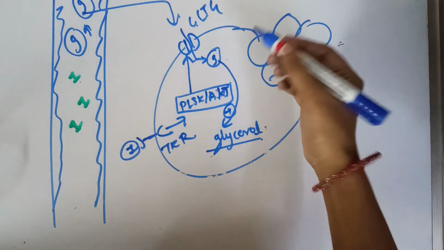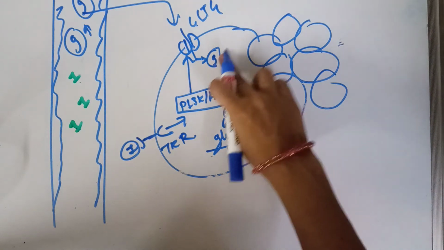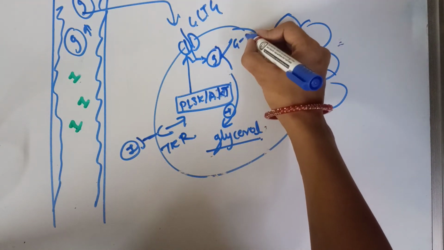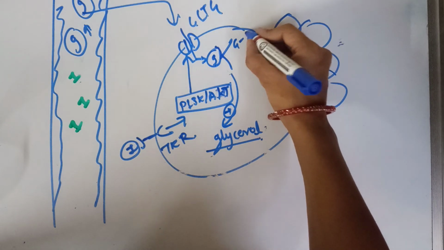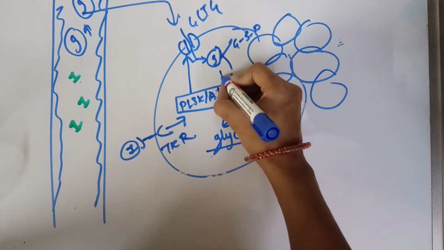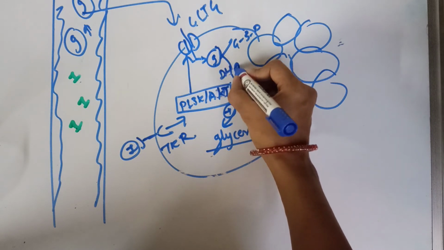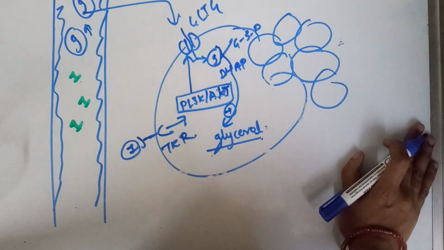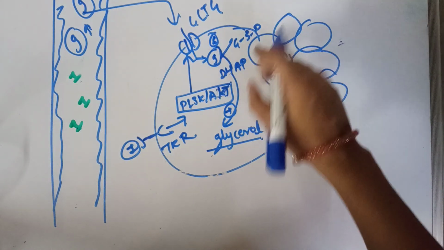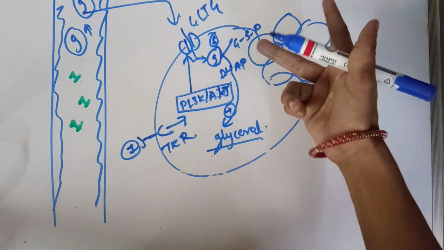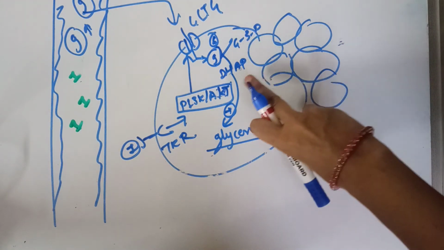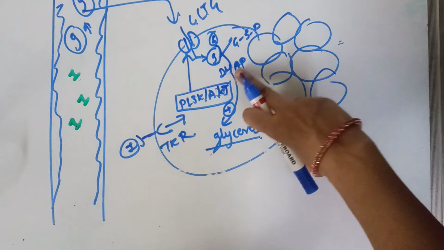Before that, I missed something: this glucose first splits into two, because it is 6 carbon. When it splits, it becomes two 3-carbon compounds: glyceraldehyde 3 phosphate and dihydroxyacetone phosphate.